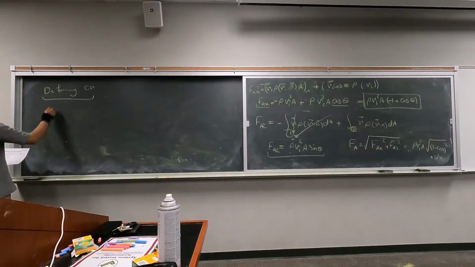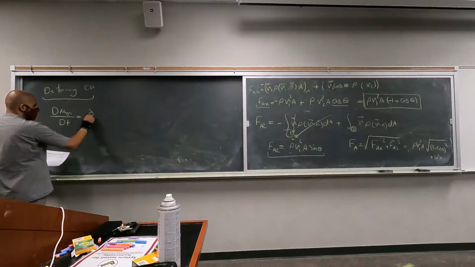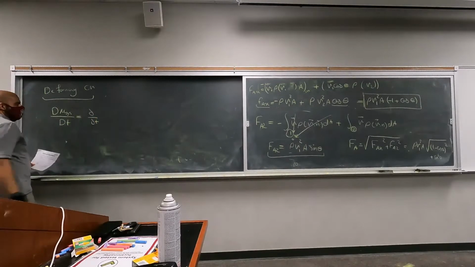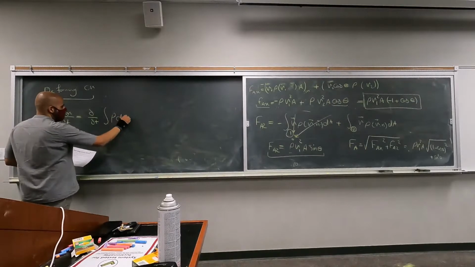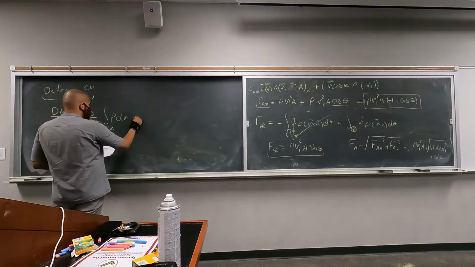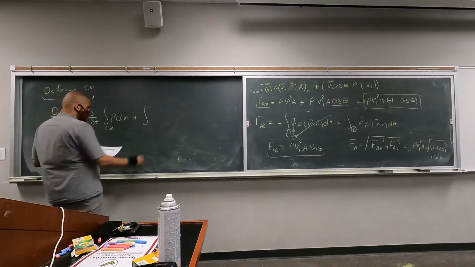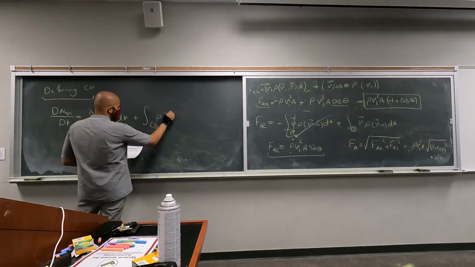Again, the conservation of mass equation was that the rate of change of mass of the system is equal to the change of mass in the control volume, the integral of rho dV over the CV, plus the integral over the CS of rho W dot dA.